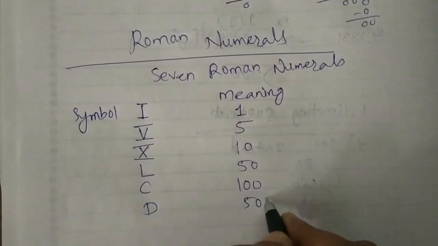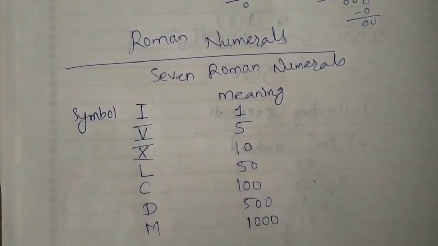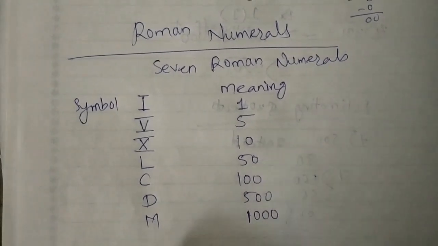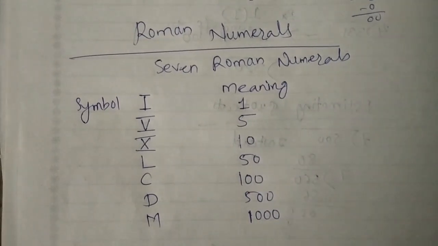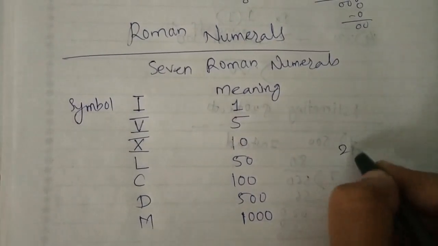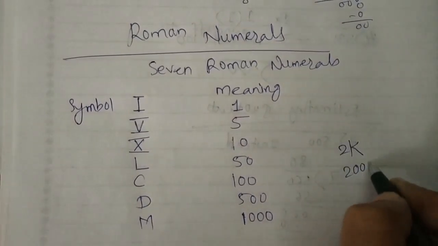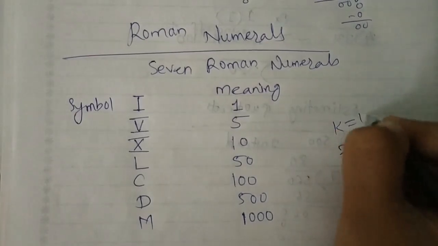D is 500, and then we have 1000. So these letters are used and these meanings are there. Nowadays K is also used for 1000. For example, 2K means 2000. Like on YouTube you have seen that K represents 1000.